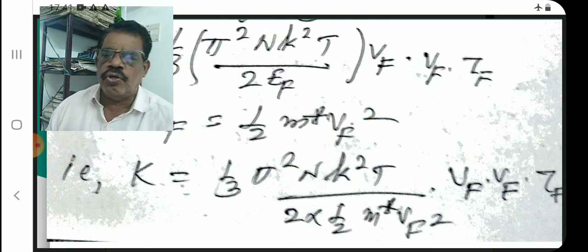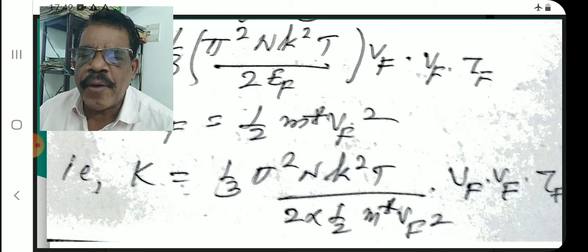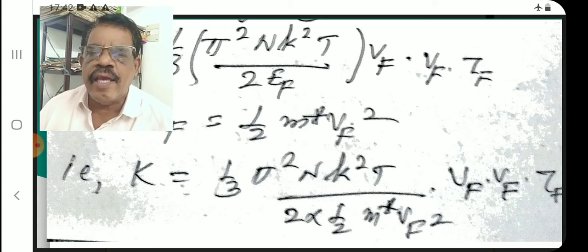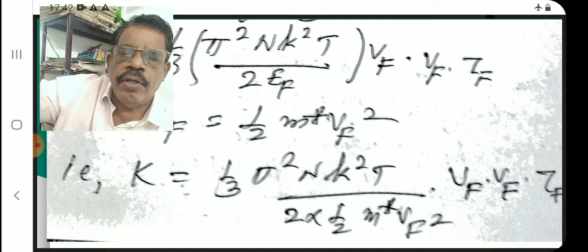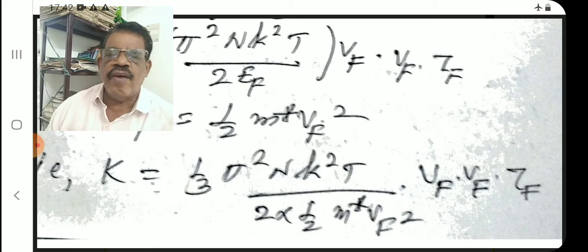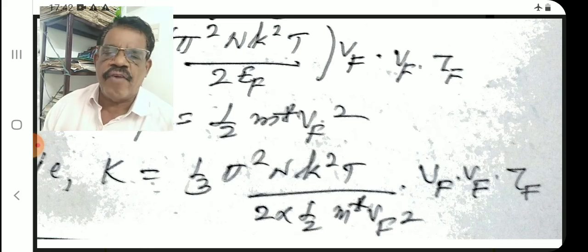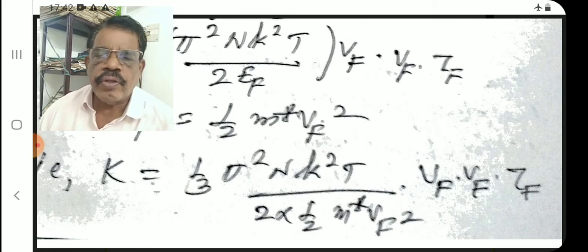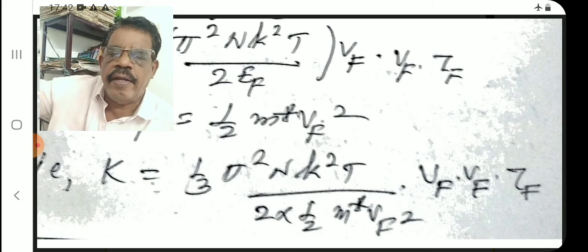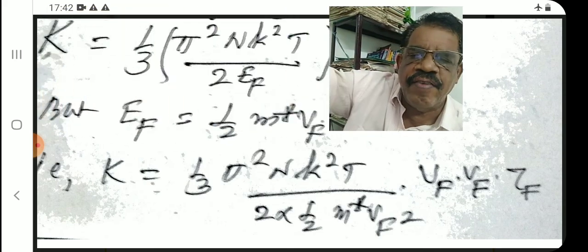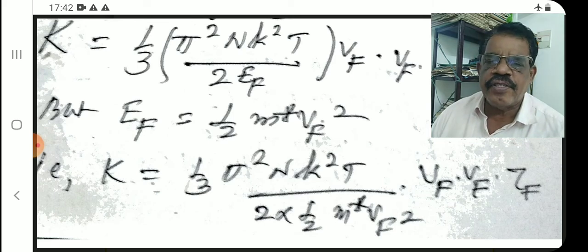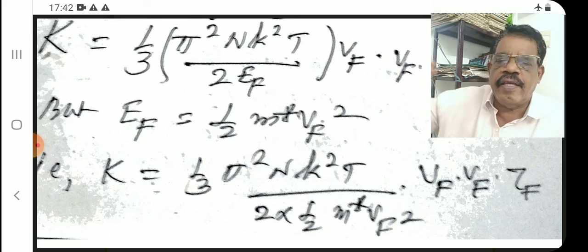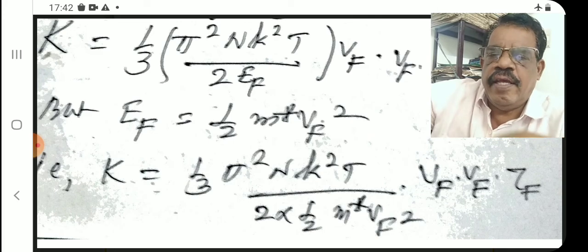That is K is equal to 1/3 pi square n k square T by 2 into the denominator, half m star VF square, into VF tau F. VF into VF is VF square, that will cancel from numerator and denominator. 2 also will cancel, and we get a reduced equation.